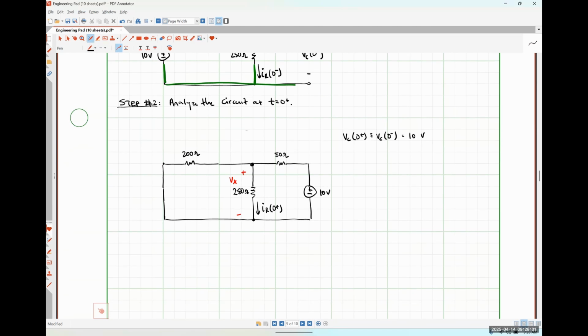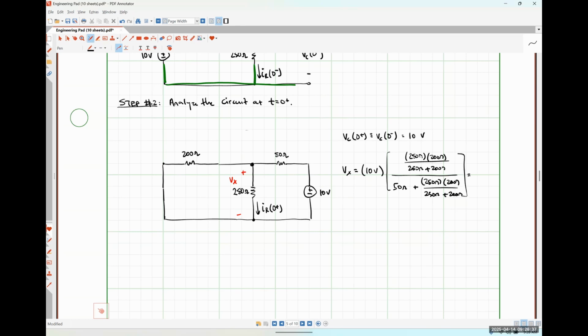And I could say that Vx is going to be equal to 10 volts times (250 times 200 over 250 plus 200) over (50 ohms plus my numerator again, 250 times 200 over 250 plus 200).